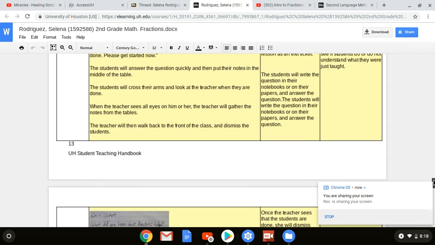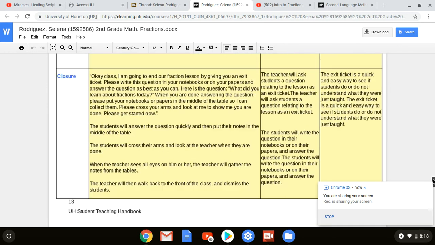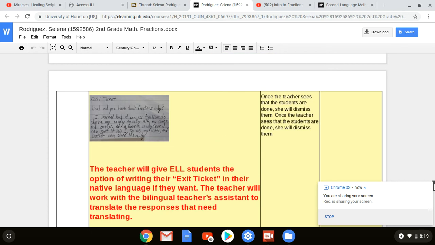I absolutely loved your closer. Exit tickets are always a very good idea for a lesson, because you'll be able to understand what your students learned from the lesson. And I loved that you put that they can write their exit ticket in their native language. That is a really good thing to do, because most of the time with ELA students, especially the lower ones that are not able to write or read English, we are not sure what they have learned, if they actually captured the lesson.